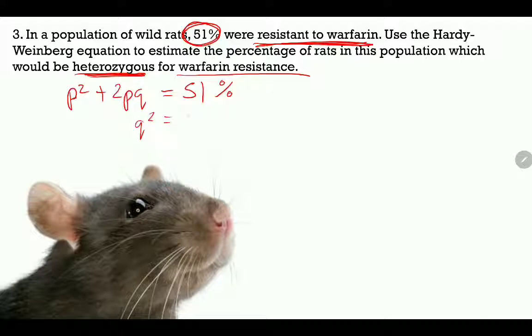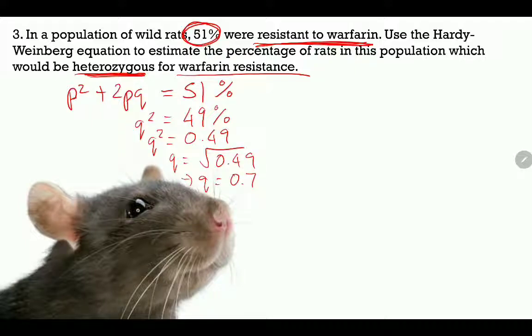So Q squared must be 49%. Q squared is 0.49, which means Q equals the square root of 0.49. So Q must equal 0.7.